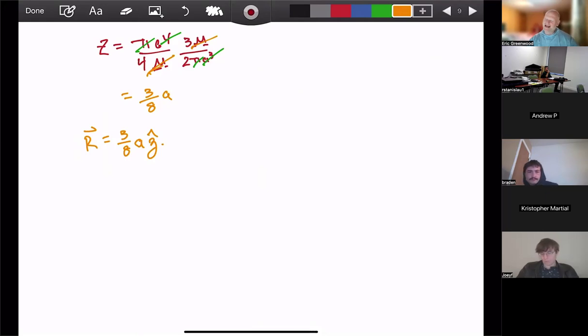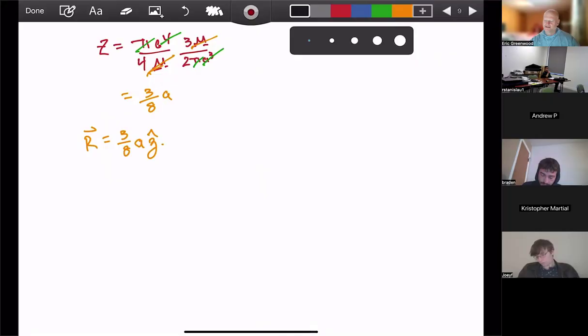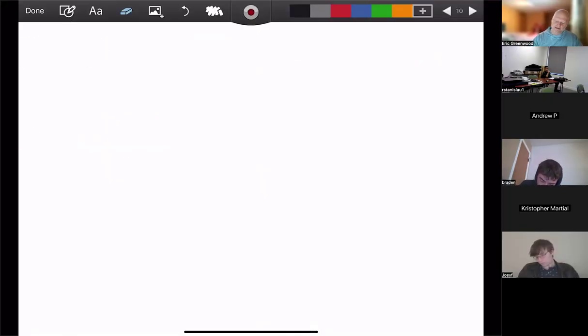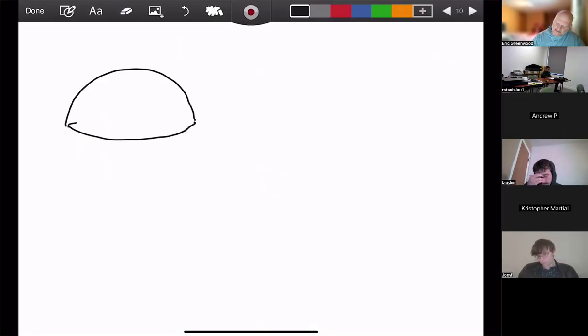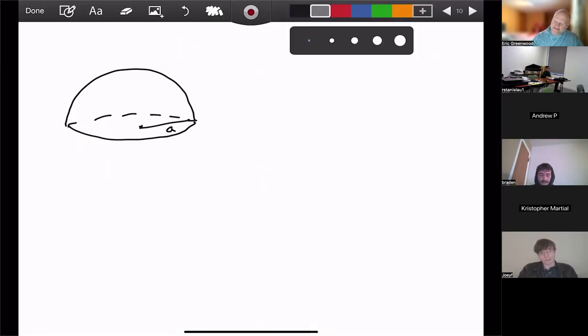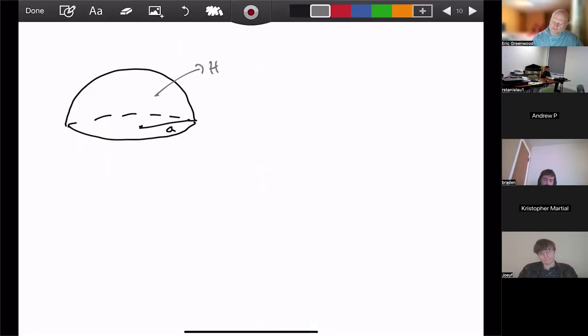So this time we're going to do exactly the same problem, except now we're going to do a hollow hemisphere instead of a solid hemisphere. So again, here's my hemisphere. Again, this thing is going to have some radius of a. But now in this case, this thing is going to be hollow.